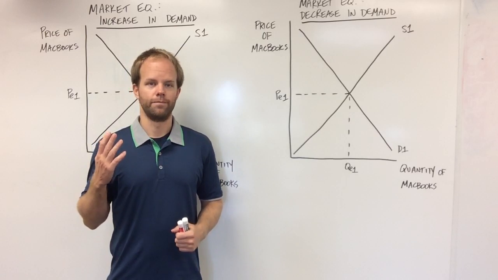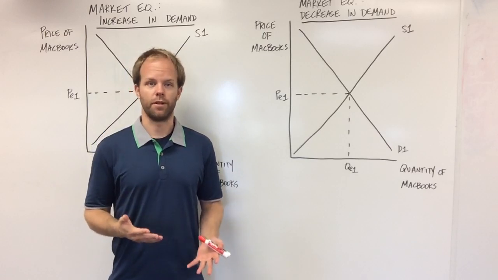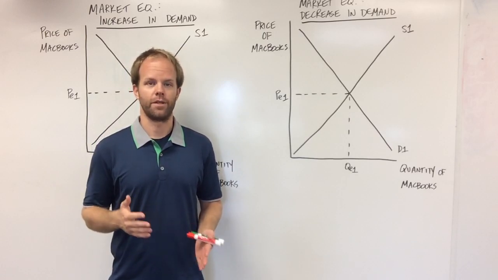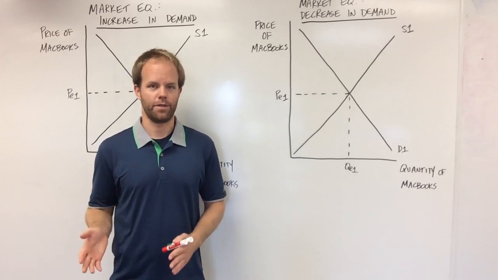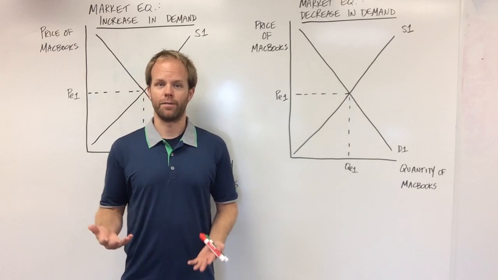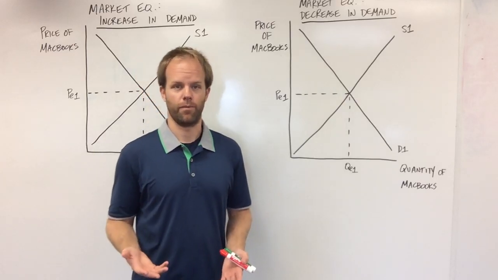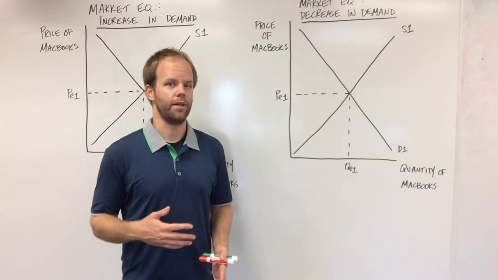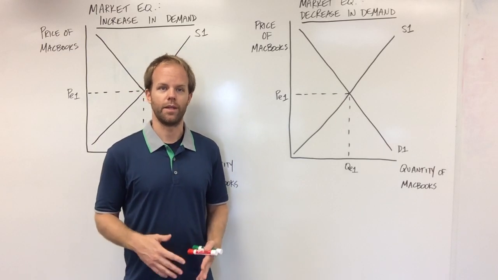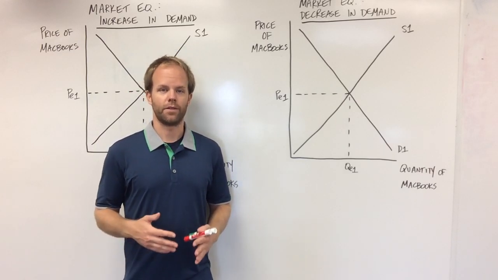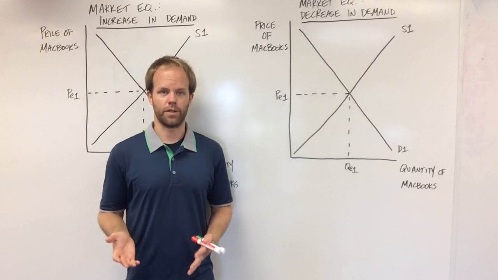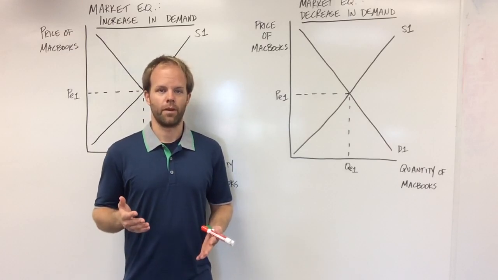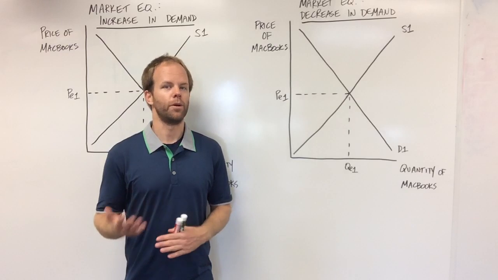In physics, Newton's first law of motion says that when an object is at rest, it will remain at rest until it's acted upon by an outside force, right? So when something is in balance or in equilibrium, that simply means it has no tendency to move, right? And in a physical sense, it's usually met by two opposing forces.